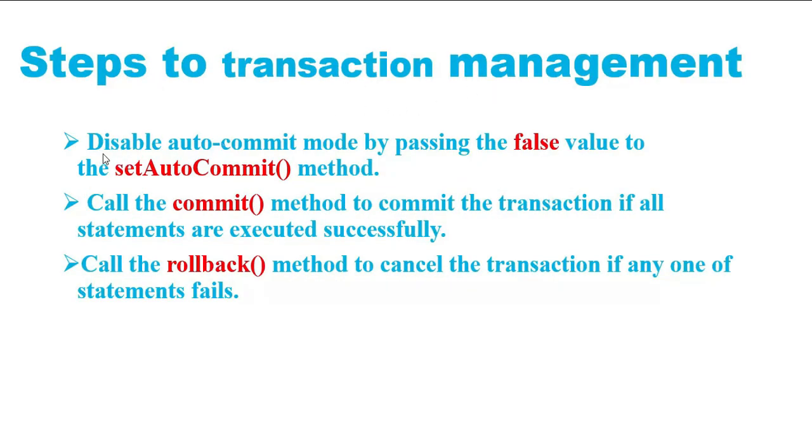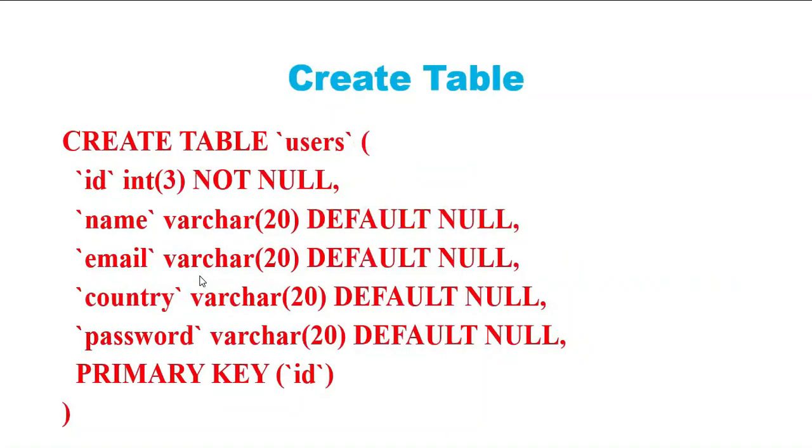Here are the steps to perform transaction management. First we need to disable the autocommit mode by passing the false value to the setAutoCommit method, and we need to call the commit method to commit the transaction if all the statements are executed successfully, and if any statement fails, then we call the rollback method to cancel the entire transaction.